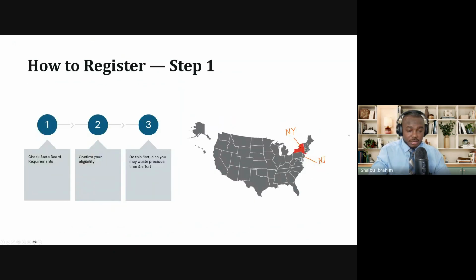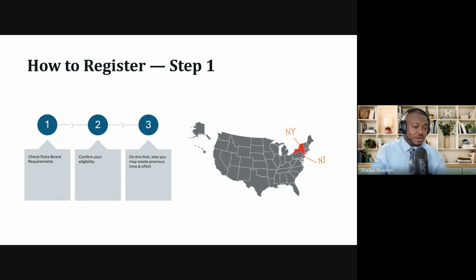Okay, next, let's look at how to register. The first step, but before the first step, is checking with the state to ensure that you qualify to register for the exam.